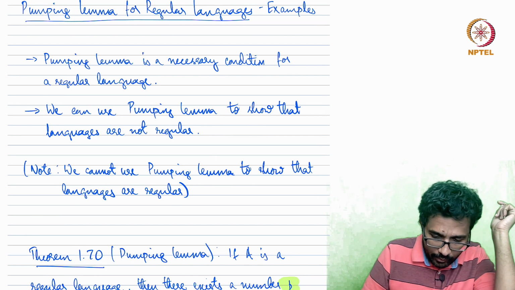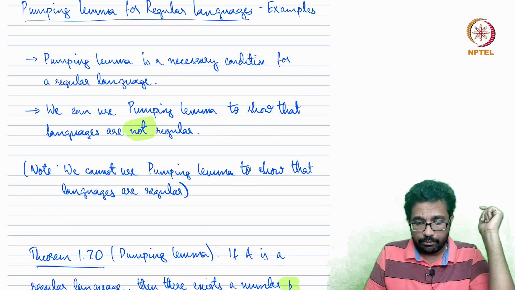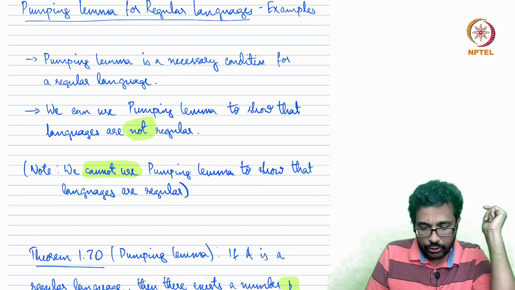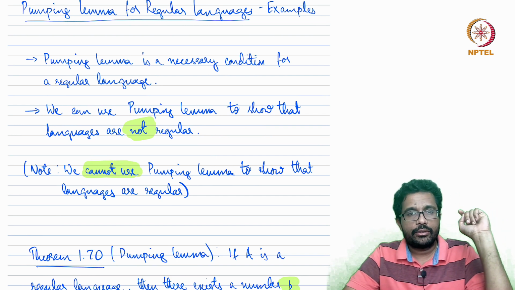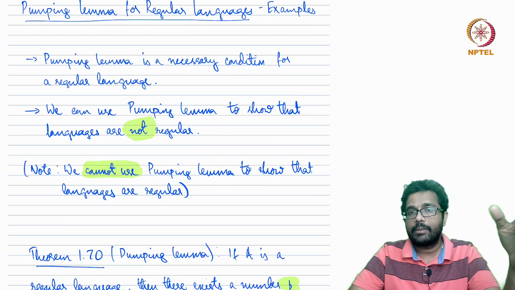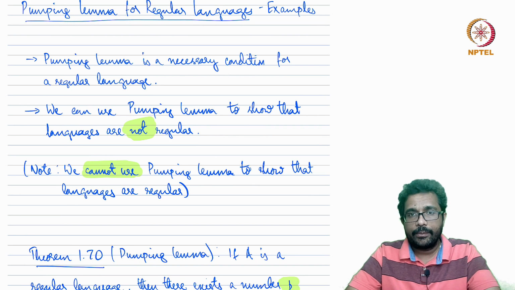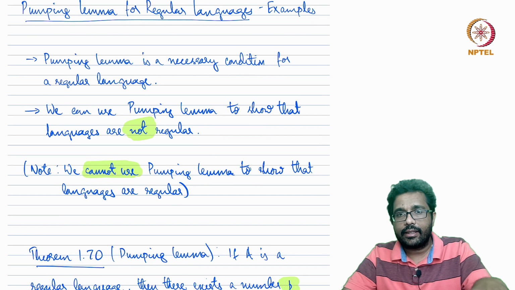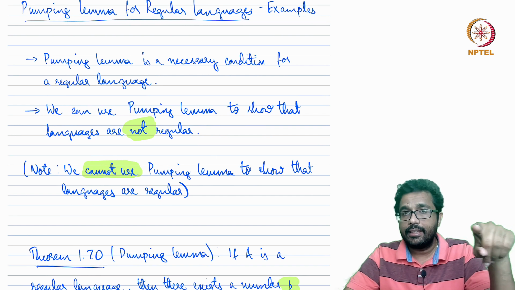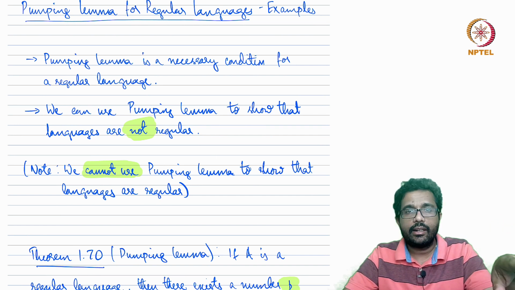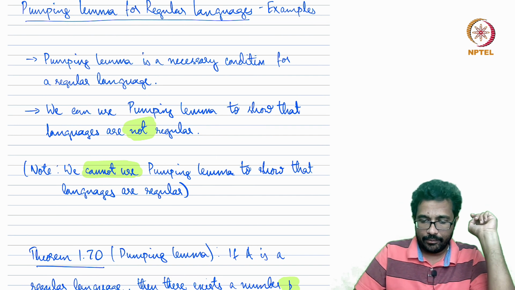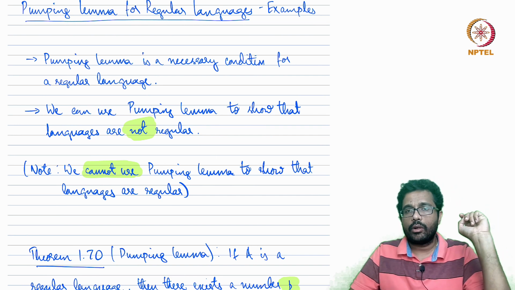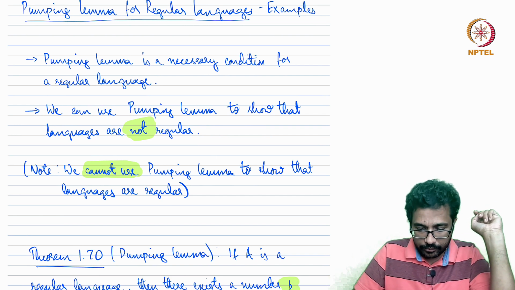You cannot use the pumping lemma to show that languages are regular. Just because it satisfies the condition doesn't imply that the language is regular. What you can infer is that because it does not satisfy, the language has to be necessarily not regular. So this is what the pumping lemma is, and this is what it can be used to show.